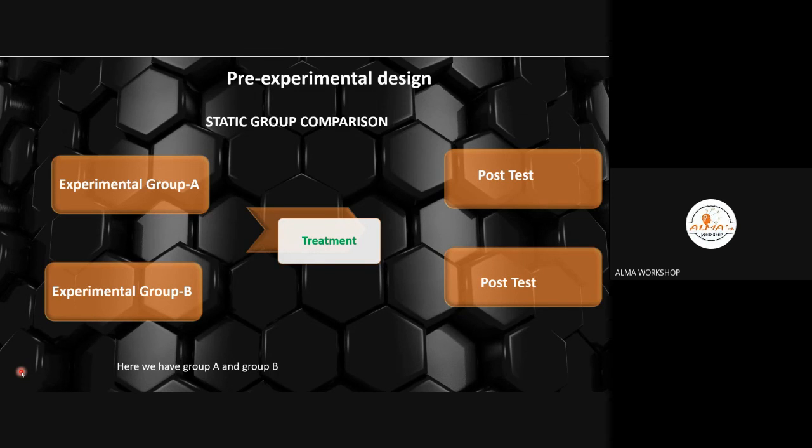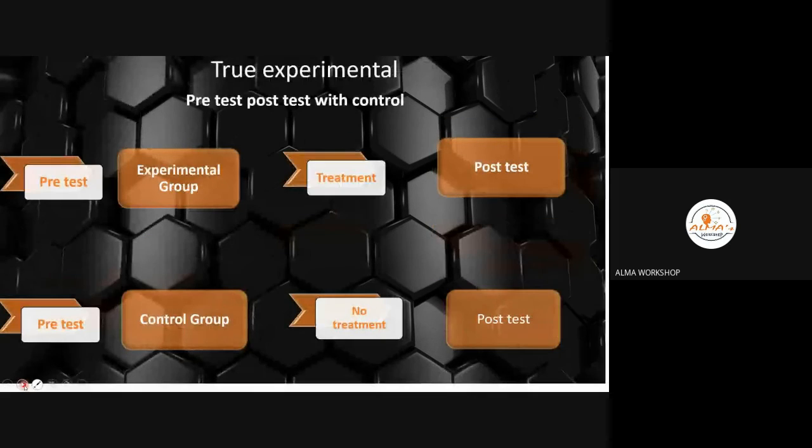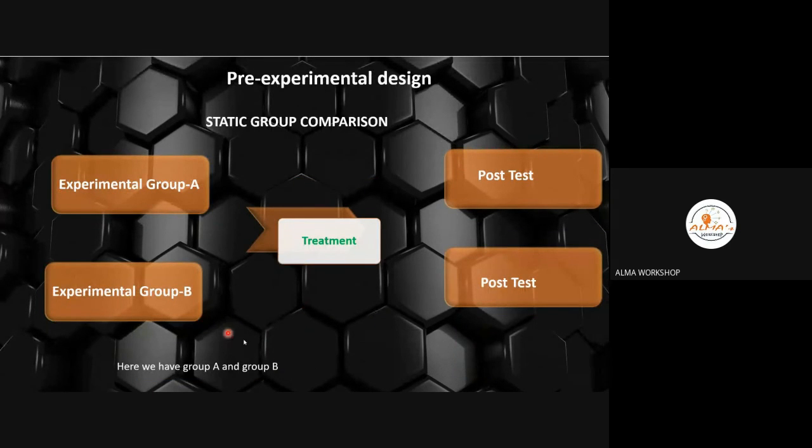We will have two groups. Static group comparison you can do. I think I have not given any example for this. One minute, girls. Always I write one example here. We can develop an example here. See, in a pre-experimental research design, you don't have any control group, you have only an experimental group.